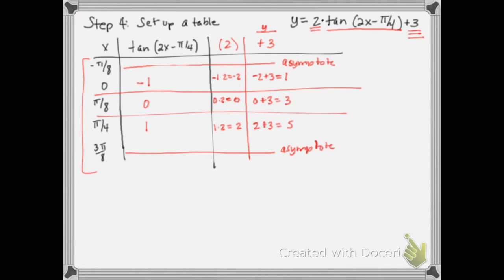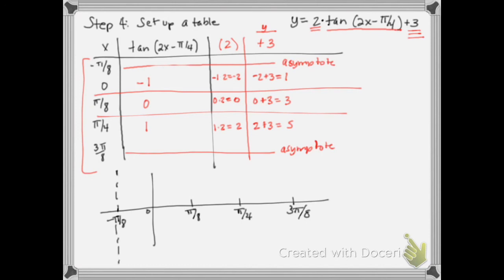So my graph is going to look something like this. I have negative pi over 8, 0, pi over 8, pi over 4, and 3 pi over 8. At negative pi over 8, I should be at an asymptote. I forgot to plot my asymptotes first.